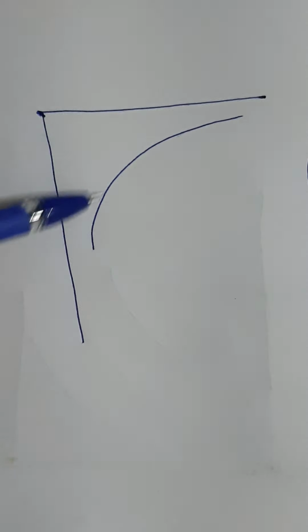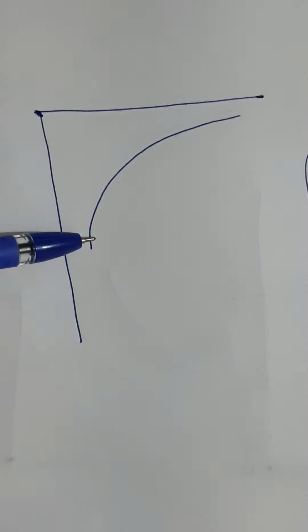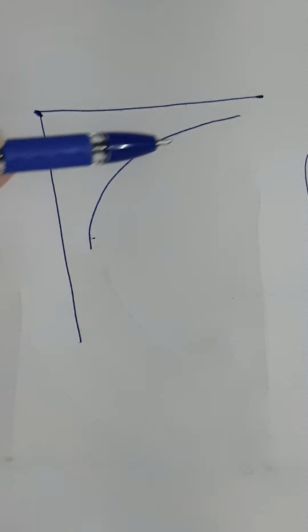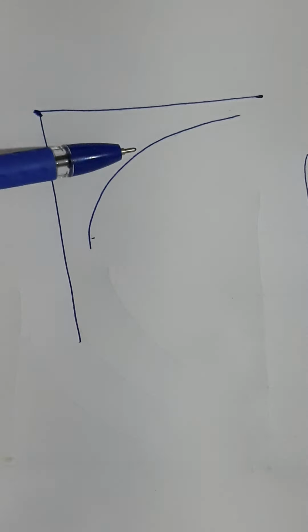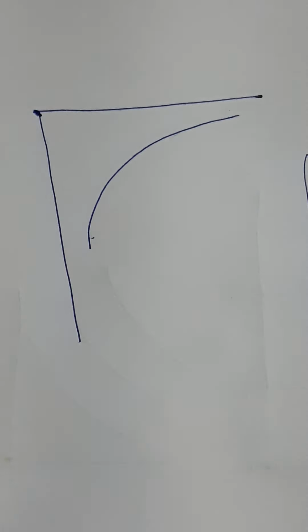You can see it is bent towards the origin. So because it has this shape, convex to origin, its slope is decreasing, and because of that the marginal rate of substitution is decreasing.